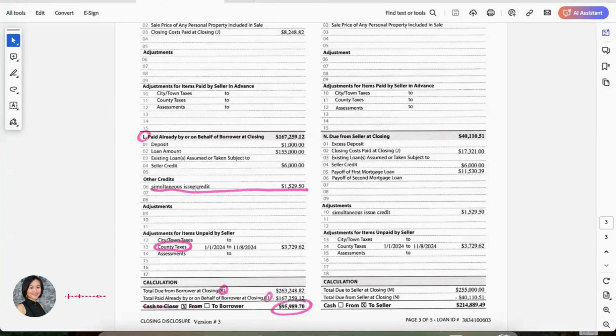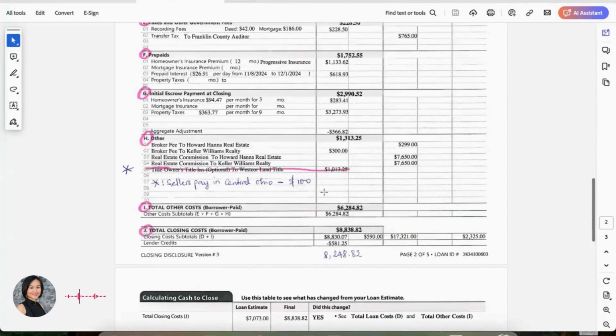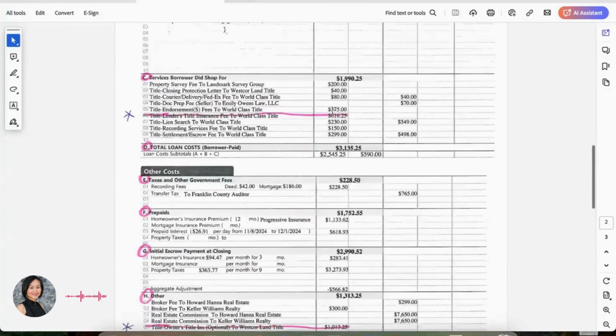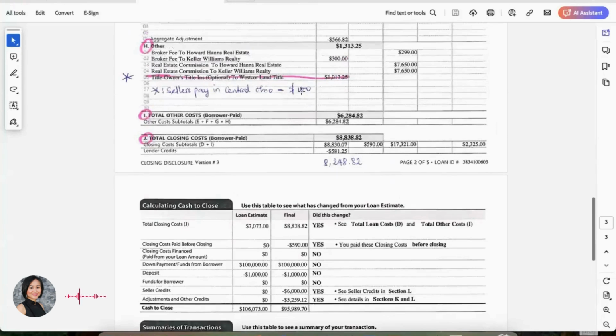Now, there is a credit of 1529. Where does this number come from? It is from that number and that number minus $100. You got this number. So the seller paid for your money, which is cool.